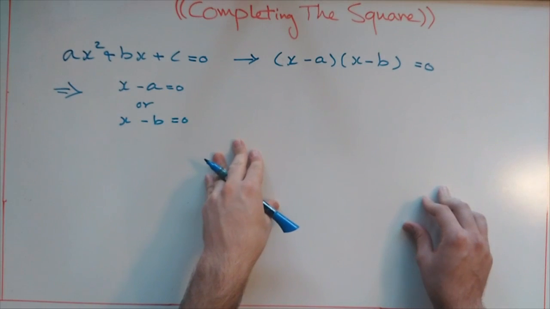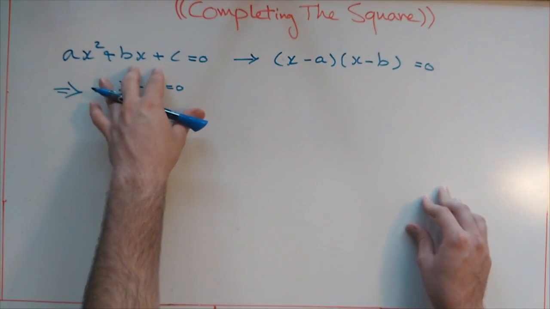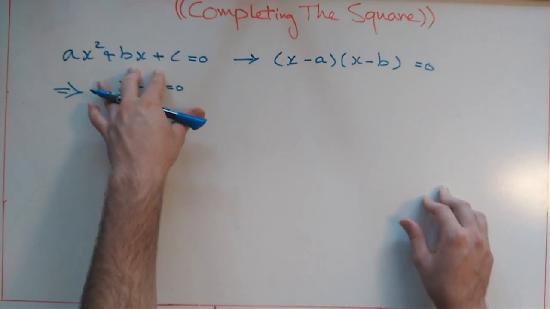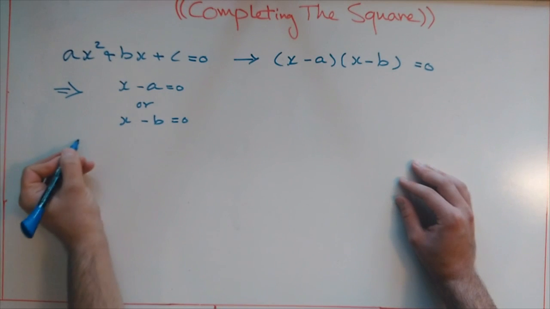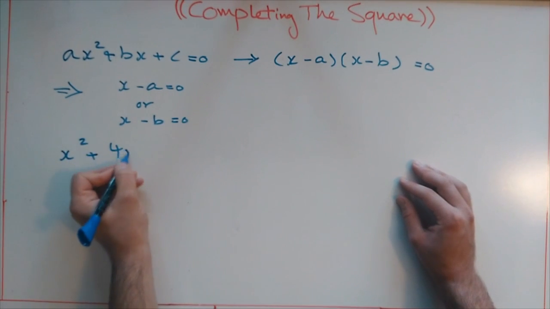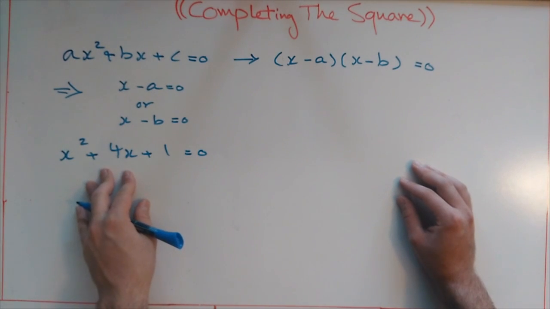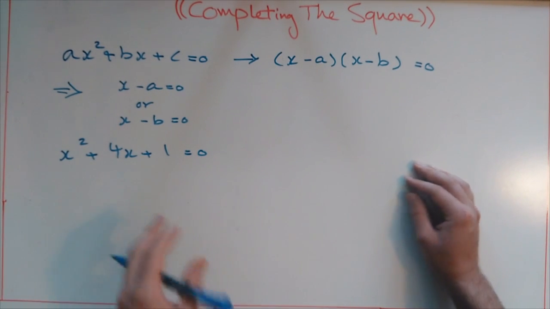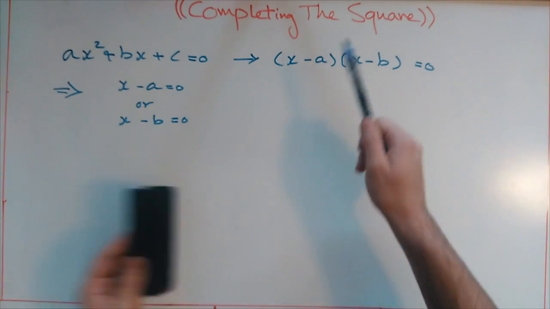But there is a problem. We can only use this method when the quadratic equation is basically factorable. We can factor it. But an equation like x squared plus 4x plus 1 equals 0, it's not factorable. So what we need to do is to use another method, which is called completing the square.